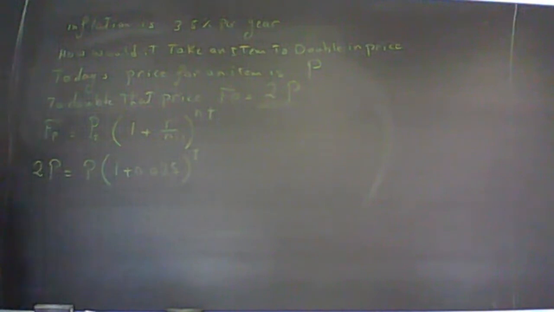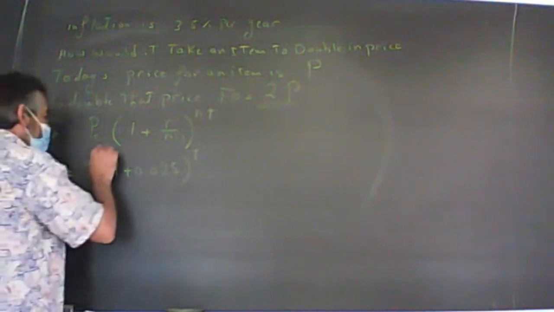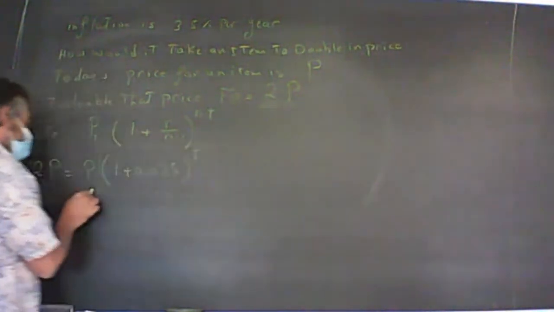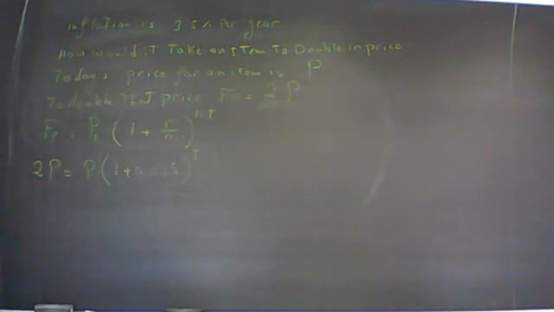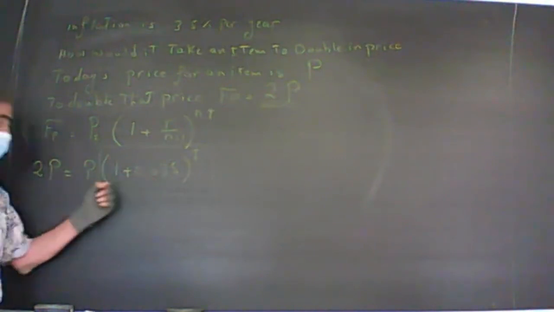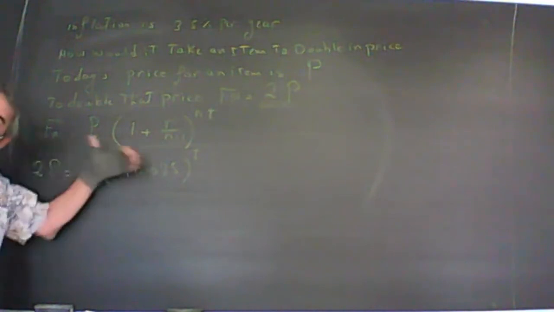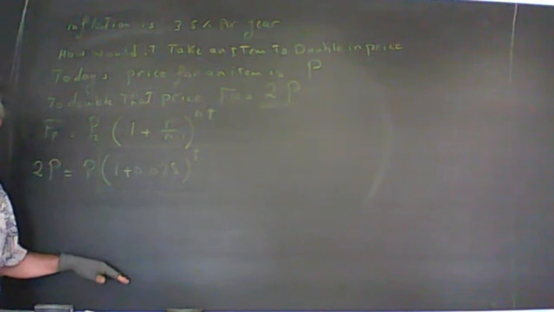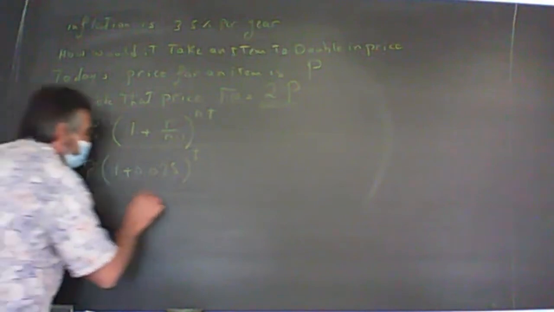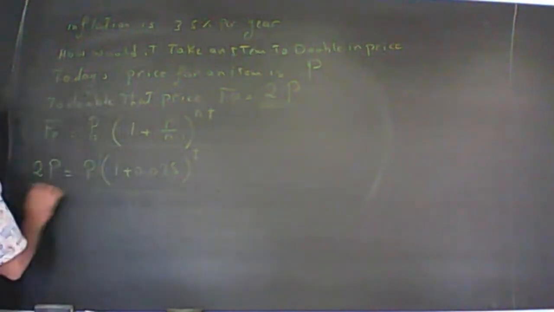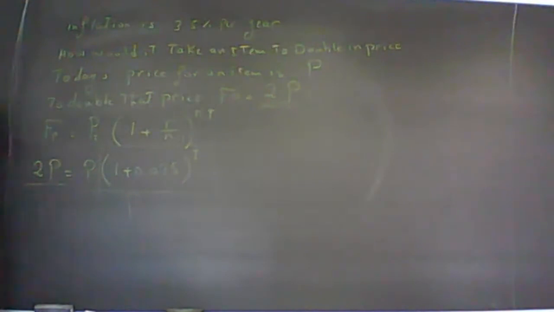Now, our unknown is this thing over here. To solve for it, step number 1 is I want to isolate all that exponential term by itself. To isolate it, notice this factor is multiplied by P. So to isolate it, I'm going to divide by P. Let's divide by P over here and over here.